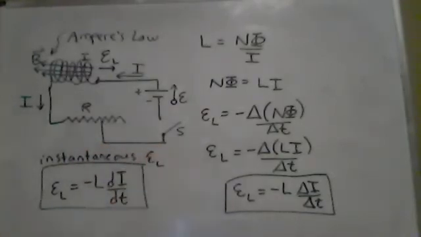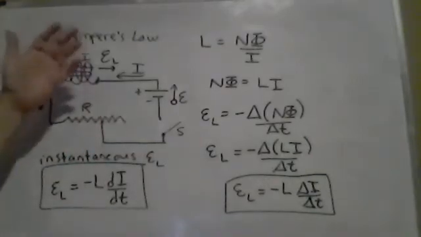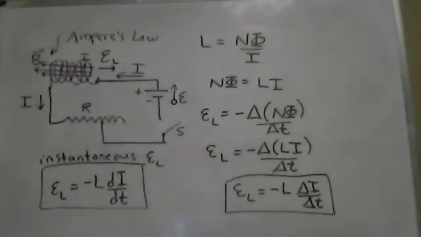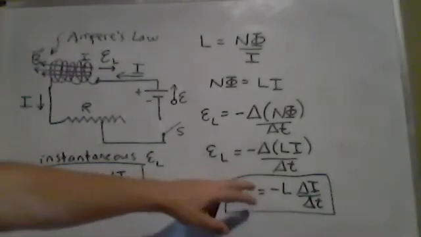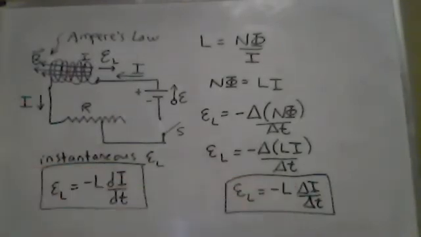This self-induced EMF is the one we're going to use in this class. The self-induced EMF that is experienced by the circuit because it has this inductor as part of the circuit will be negative: a drop, times the inductance, times the time rate of change of the current. What changes in time is the current.